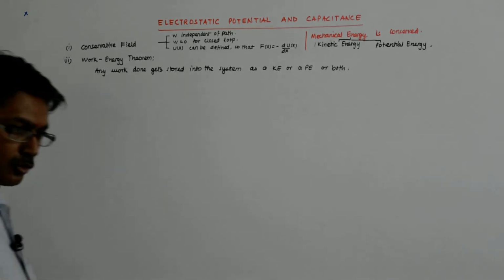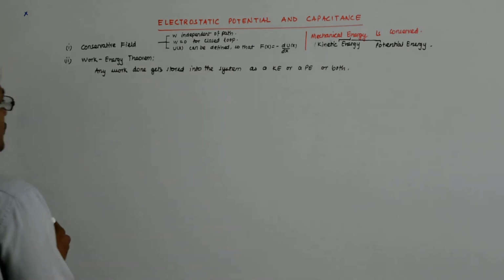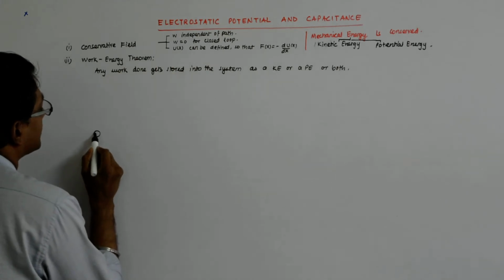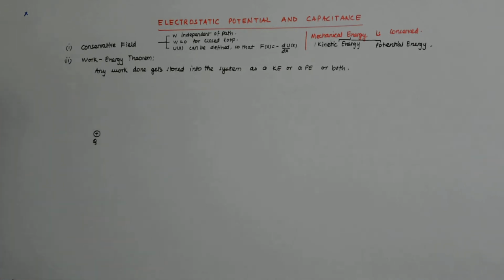So right now I am talking about the potential energy. Okay, I am talking solely about the potential energy, and I'll try to see if there is a charge plus q here.